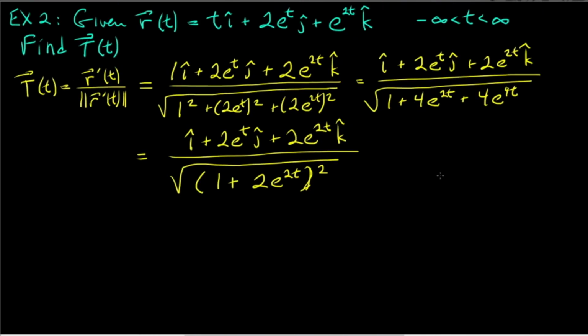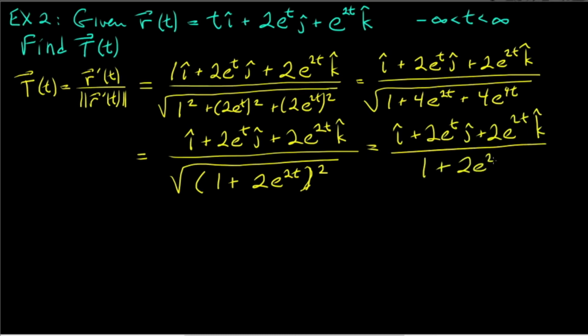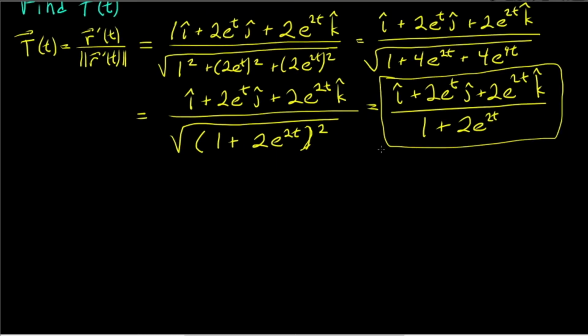Luckily here we can, and in this case we just get, again, the same numerator. Now the denominator is really just 1 plus 2e to the 2t. So that's more or less good enough.